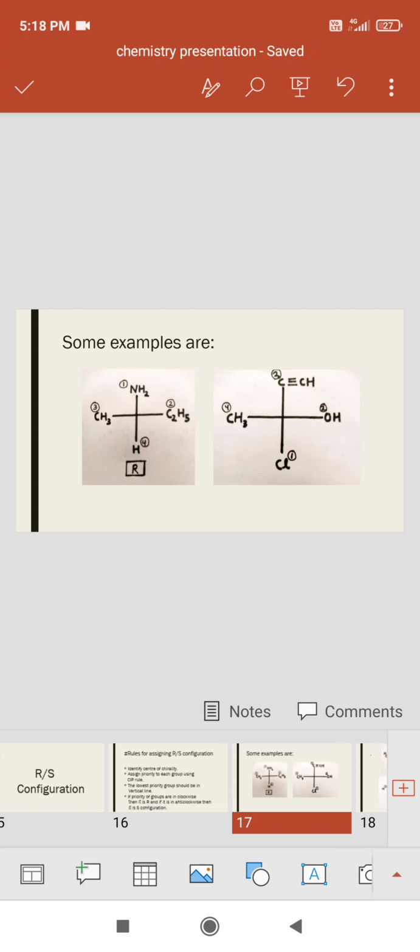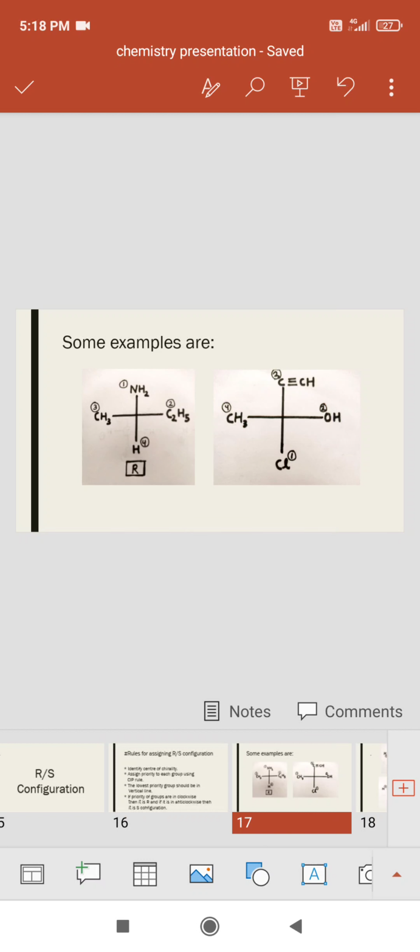Then see, C2H5 has the second priority because it has 2 carbons and CH3 has 1 carbon, so C2H5 gets the second priority, CH3 gets the third priority, and hydrogen gets the fourth priority. Now see, hydrogen lies on the vertical line, which is required. See whether it is clockwise or anti-clockwise. 1 2 3 means moving in clockwise direction, so it's R. And the least priority group lies on the vertical line, so no problem, it's R.